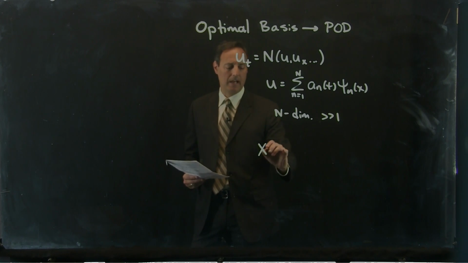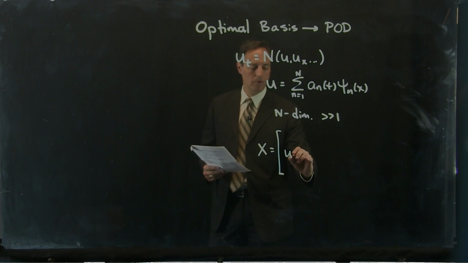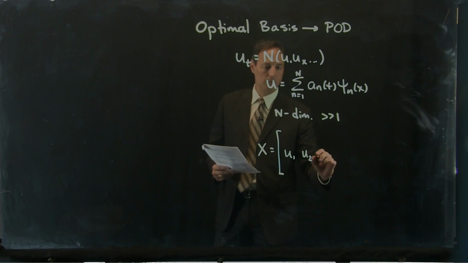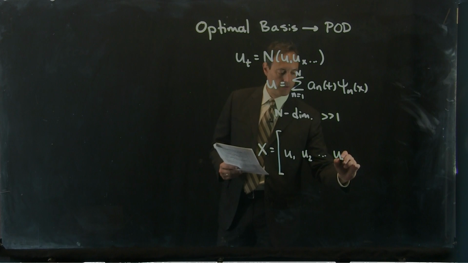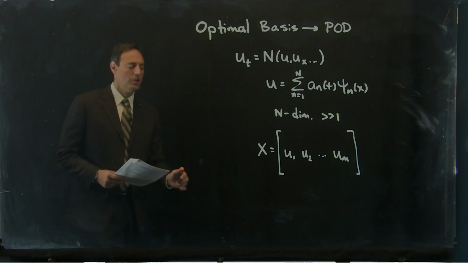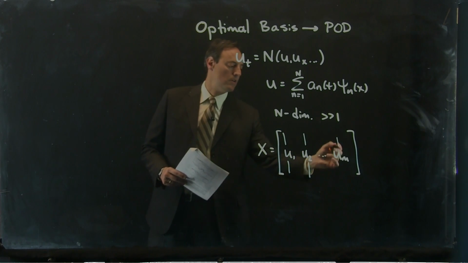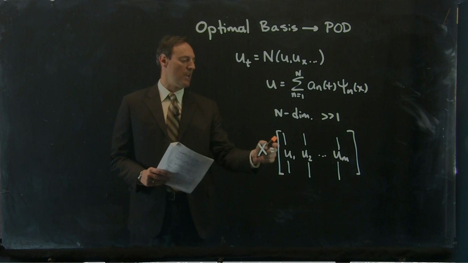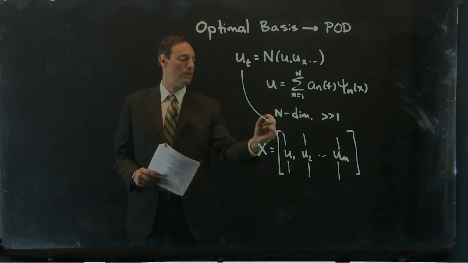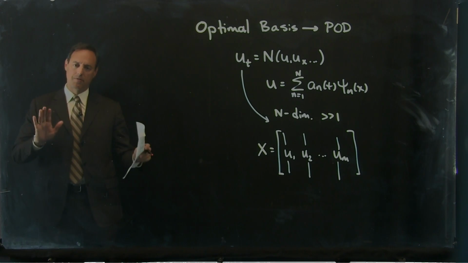But once I've solved this for a bit, I can start collecting my data into a snapshot matrix X. X is the solution U, maybe at different times, U1, U2, all the way through U of M. So these are vectors, and these are just snapshots of that full system that I'm going to throw in there. So I've solved the full system.